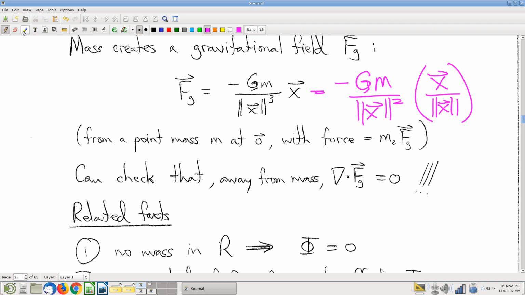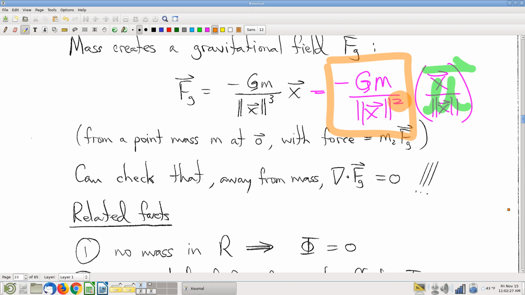So even though it looks inverse cubed, it's not inverse cubed. That's a unit vector. The magnitude of this vector field is inverse square. And radial and inward. So that's the gravitational field.